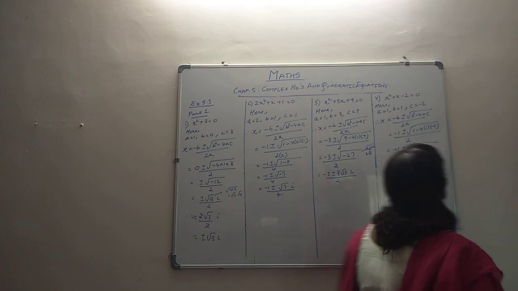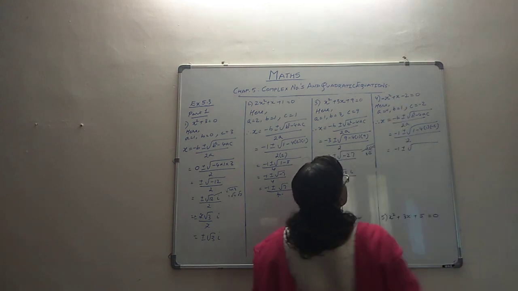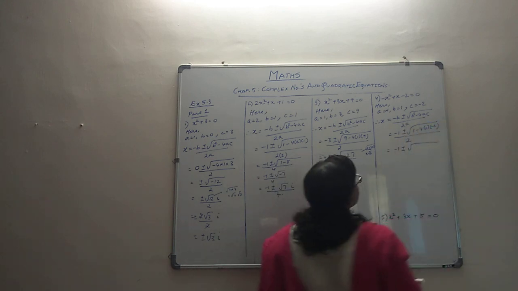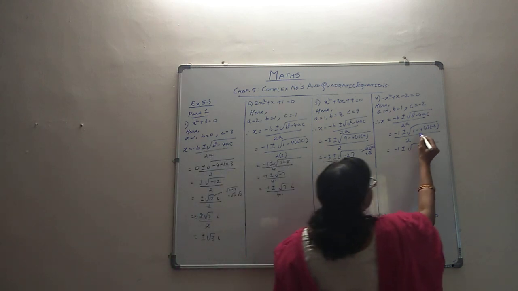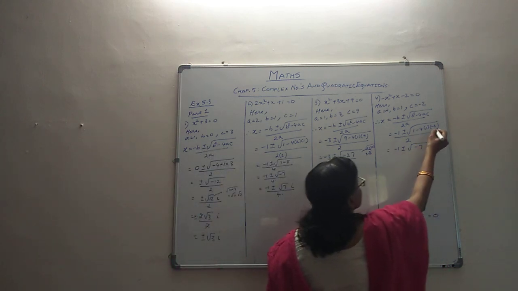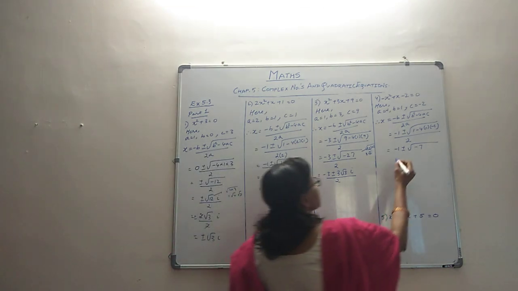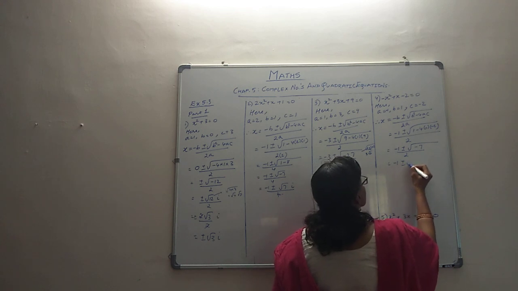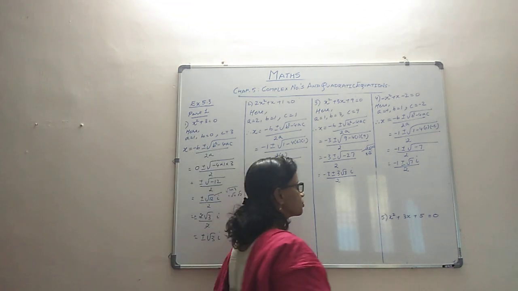Yes, there is minus x². So a is minus 1, and here there's a minus 1. So we have 1 minus 8, since minus into minus into minus becomes minus. So 1 minus 8 is minus 7, by 2. That further solves to minus 1 plus or minus root 7, and root of minus 1 is i. So we have it substituted that way.